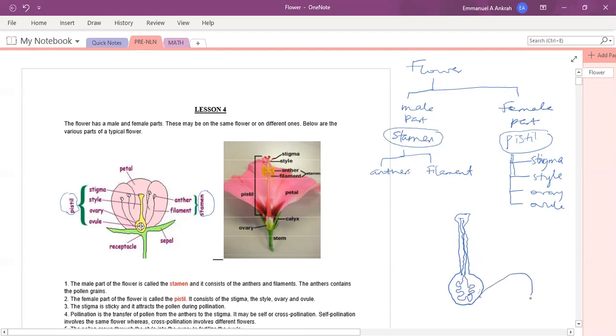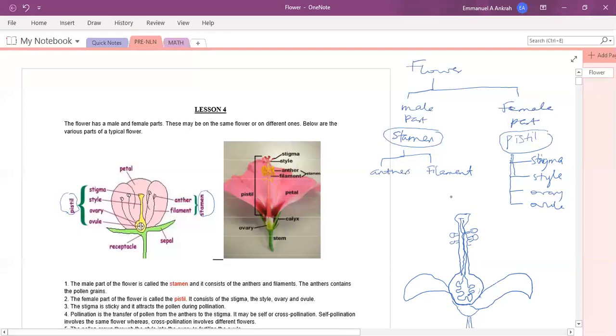And the petals are here. The male part will be this hanging here, and then that'll be the flower stalk. This is how it looks.